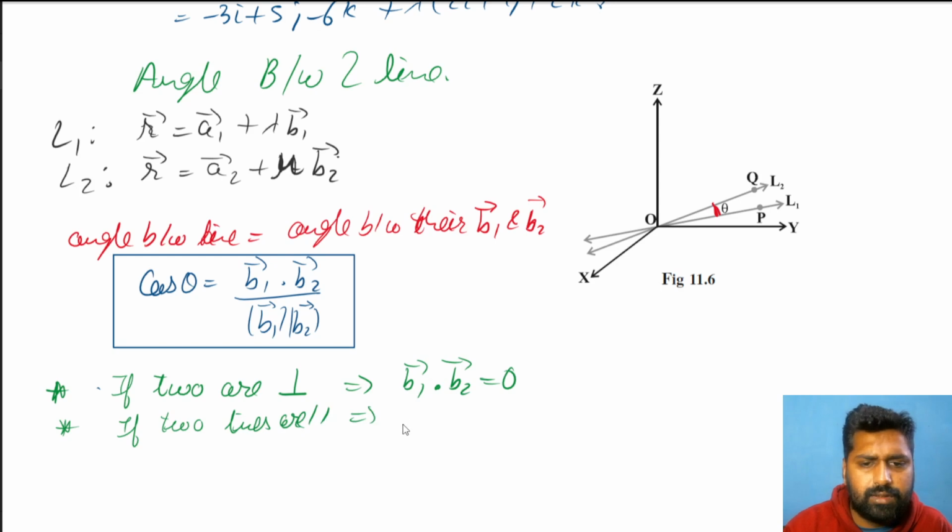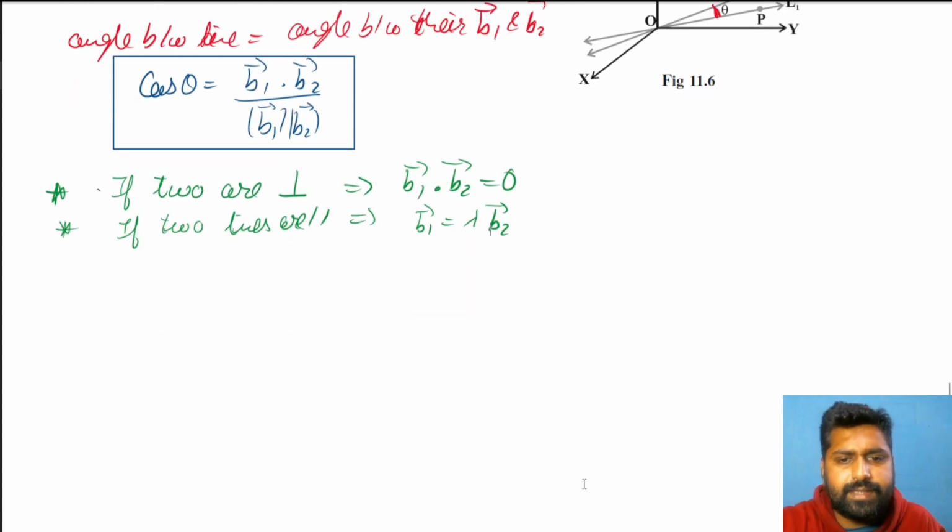Two vectors are parallel if A vector is lambda times B vector. So B1 is equal to lambda times B2 vector, or we can say the components are in ratio. I'm not writing the whole expression for that, just this.